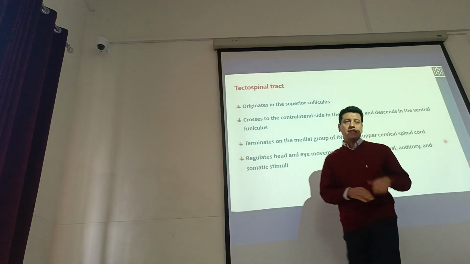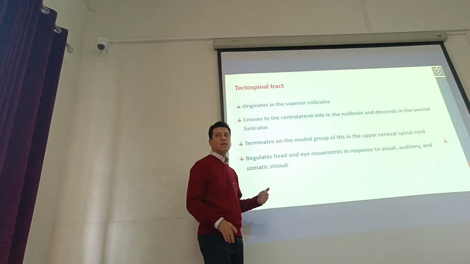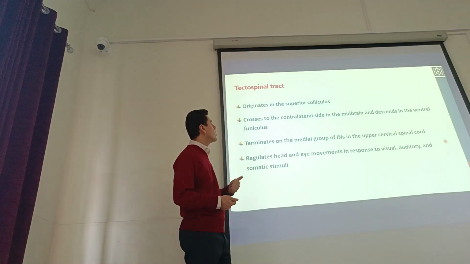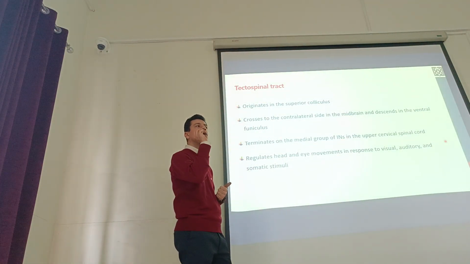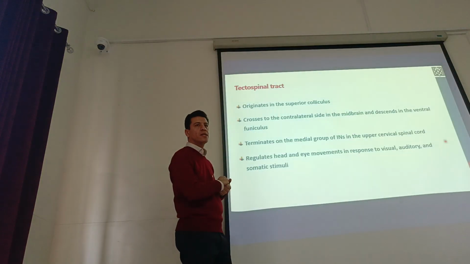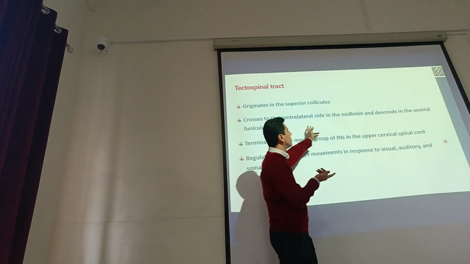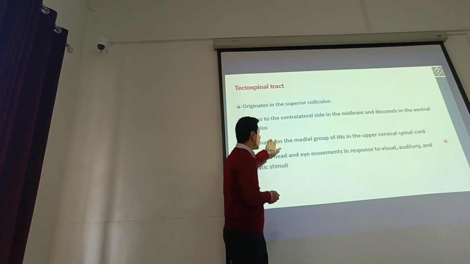So, the last tract I mentioned for you is the tectospinal tract. It originates from the midbrain, from the superior colliculus. Right? So the origin of the neurons is in the midbrain, superior colliculus. They cross the midline, go to the opposite side. They descend in the ventral column of the spinal cord.